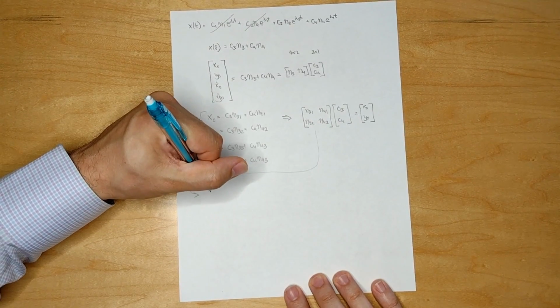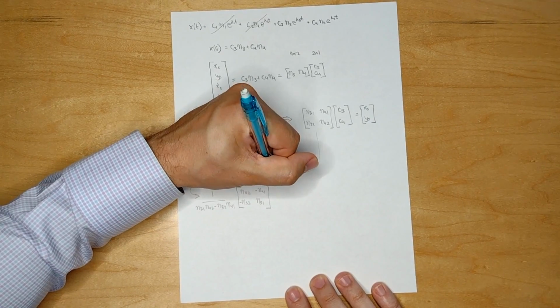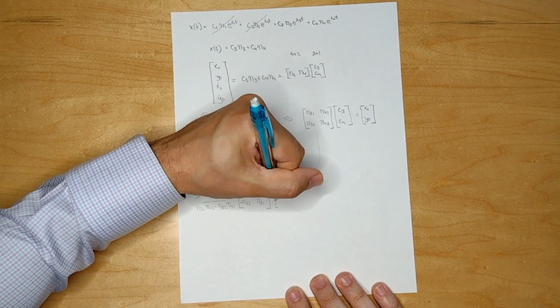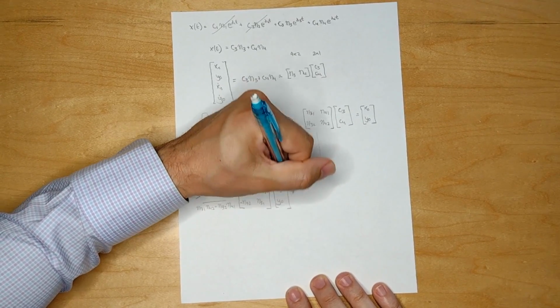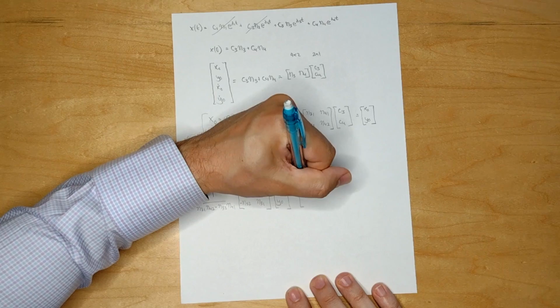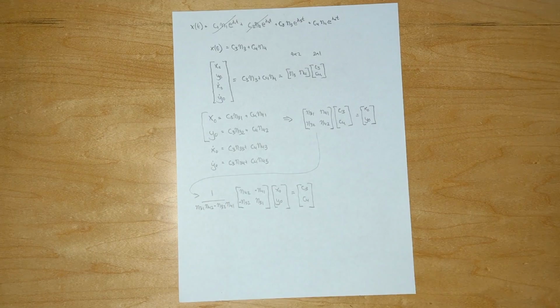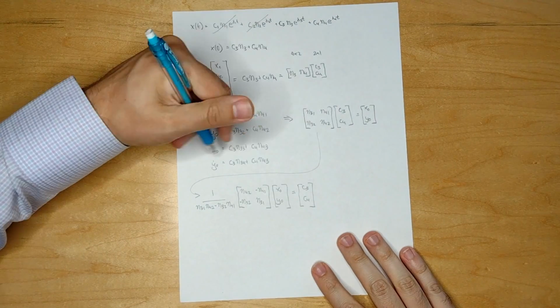So what that means here is we're going to get 1 over, so we know that this multiplied by x naught, y naught is going to give us C3 and C4. I'm going to make one more note here about this set of equations.